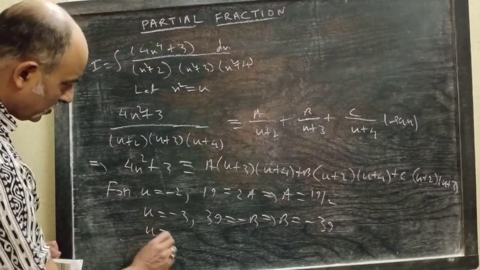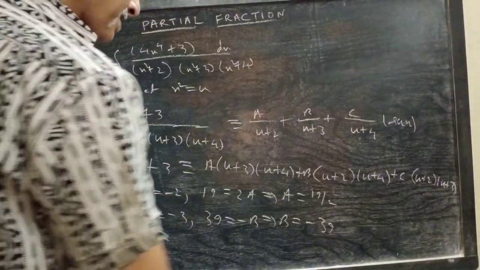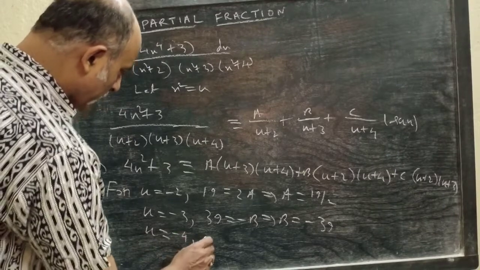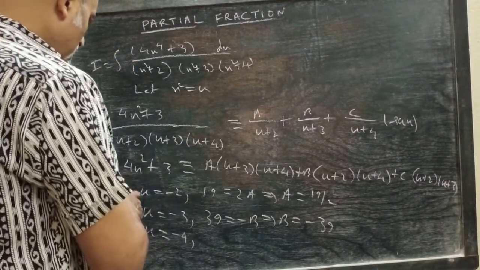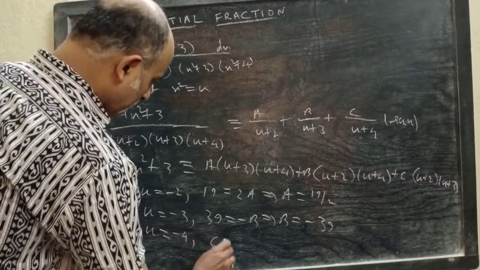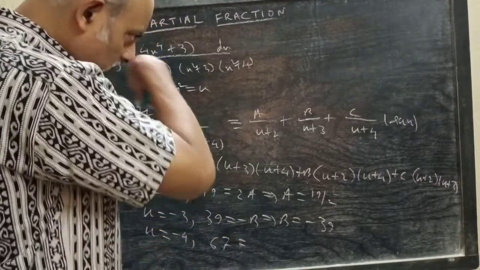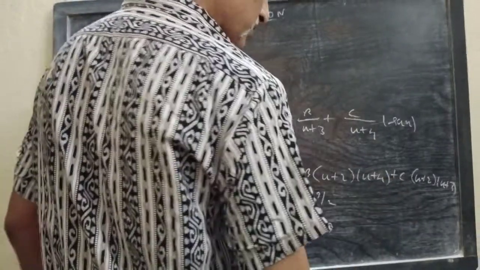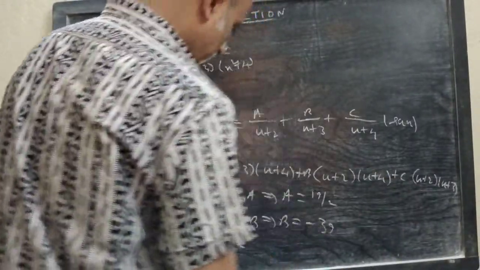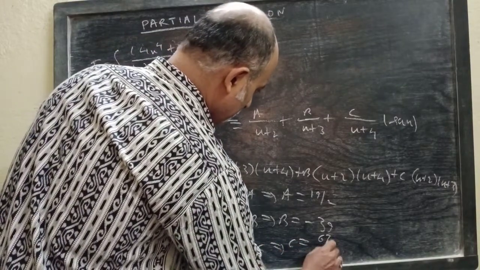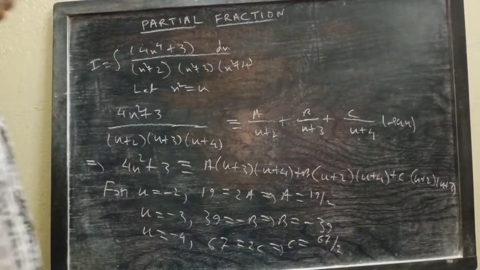Next, to get c, u plus 4 is the common factor, so you have to take minus 4. 16 fours are 64, 67 is equal to minus 4 plus 2 is minus 2, minus 1, 2c. So c is 67 by 2.